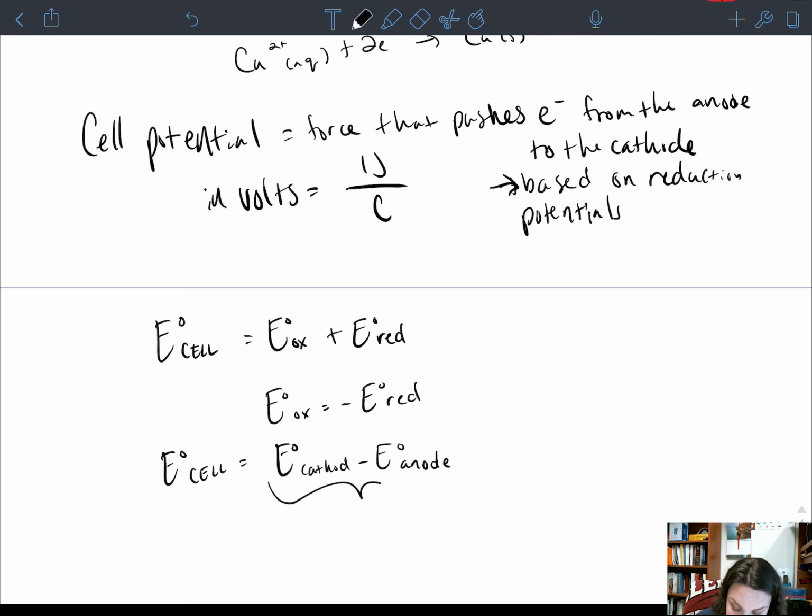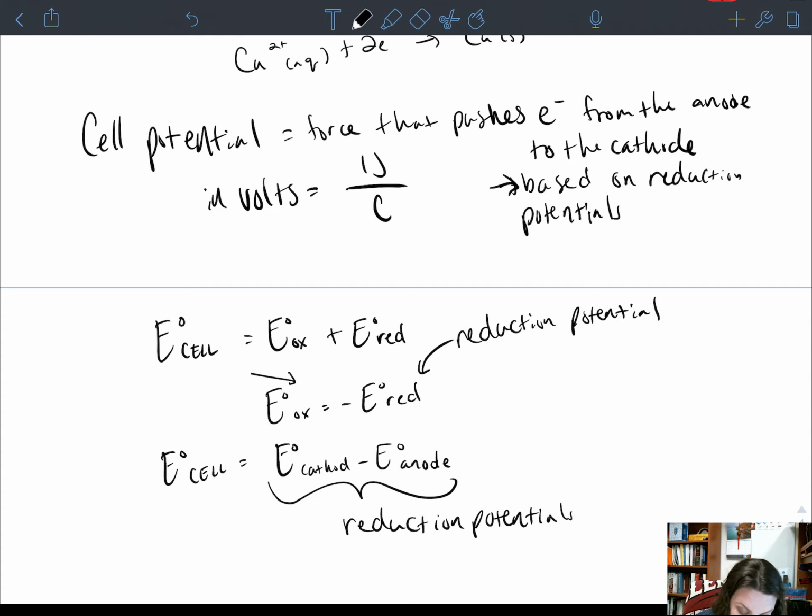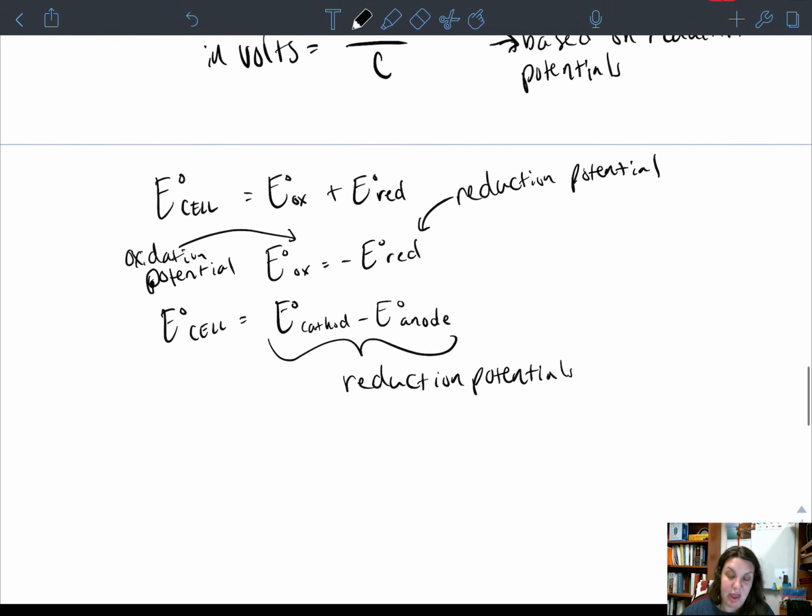These are both reduction potentials. And these, on the other hand, this is a reduction potential. This is an oxidation potential. So, just 2 ways of looking at it.